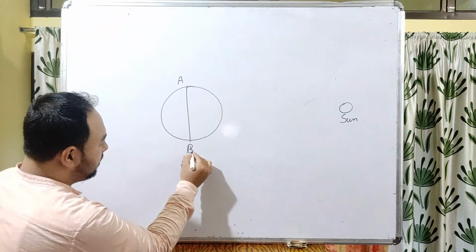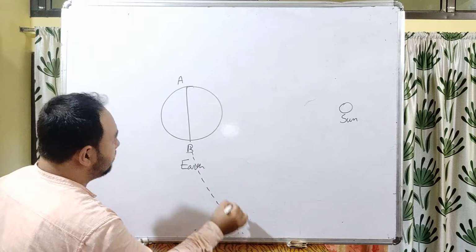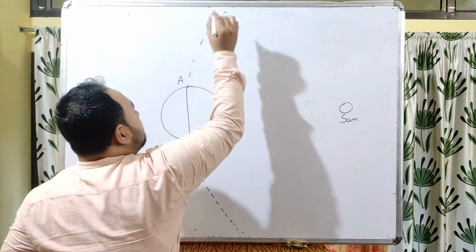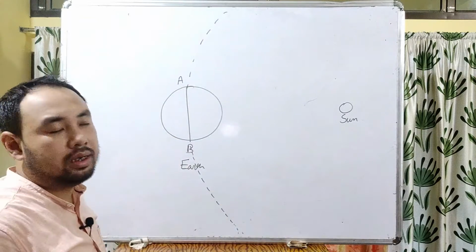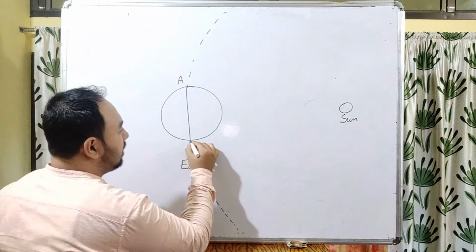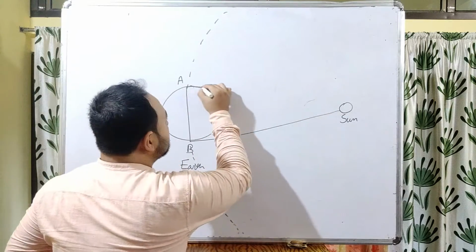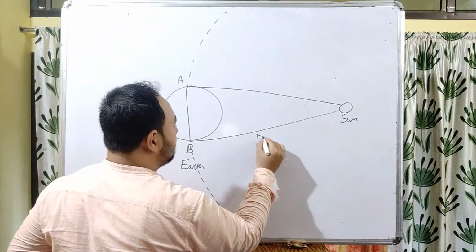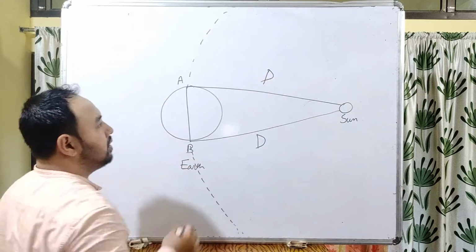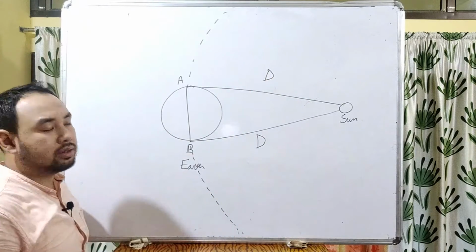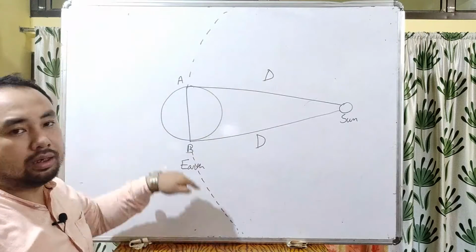The orbit of the earth will be around this, with the sun in the center, and let this distance D be the radius of this circle.